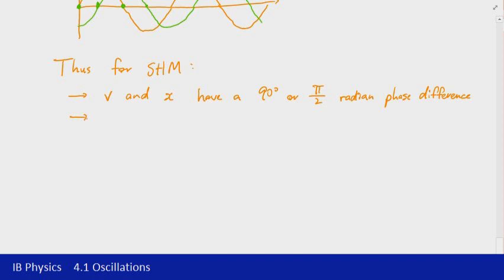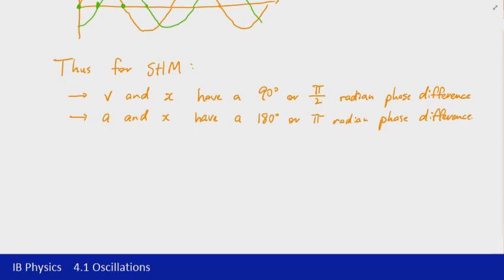The other one we're interested in is the acceleration and the displacement, and they have a 180 degree or pi radian phase difference. To make sense of that, you might want to go back and have a look at the graphs all on the one screen and identify the phase differences that are involved there.